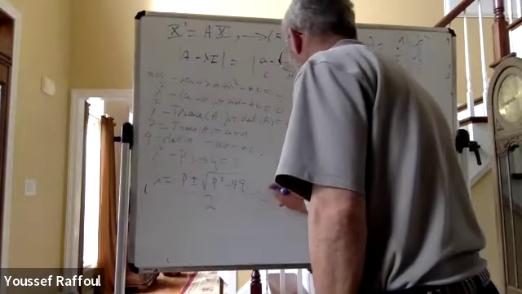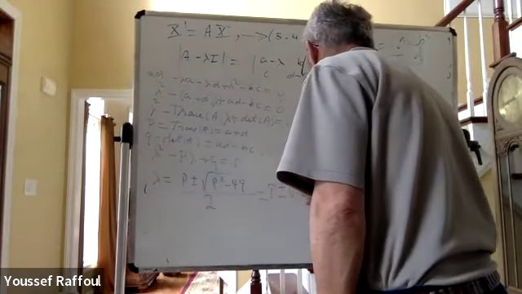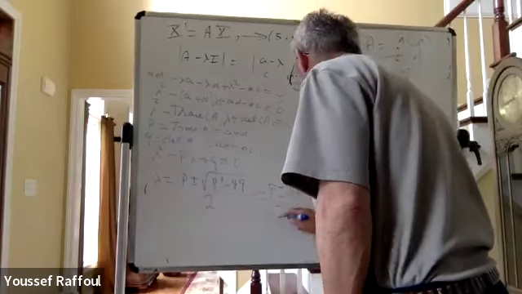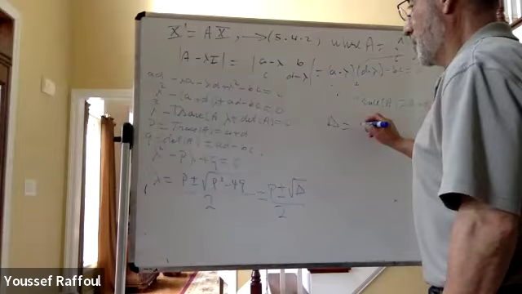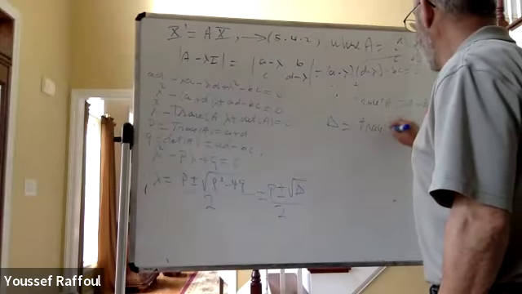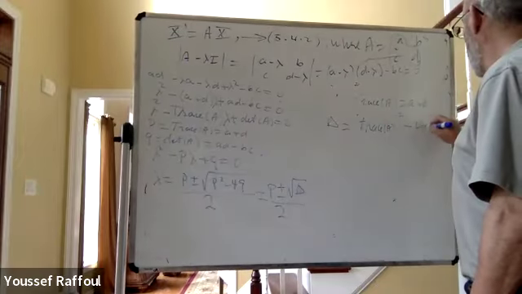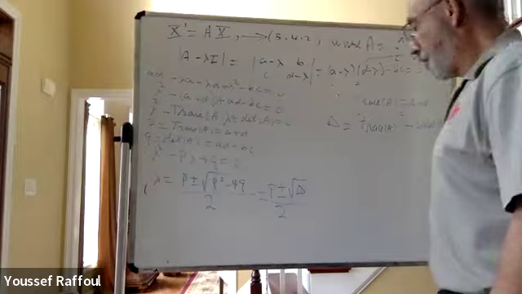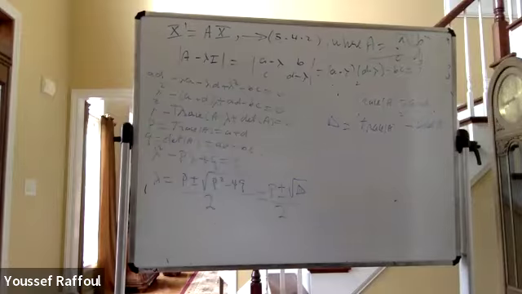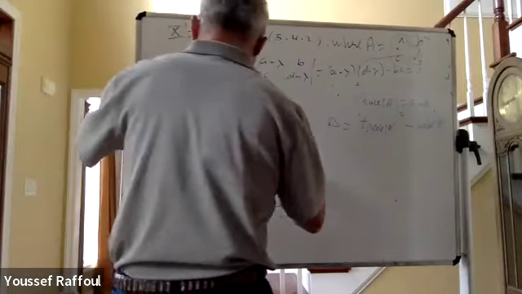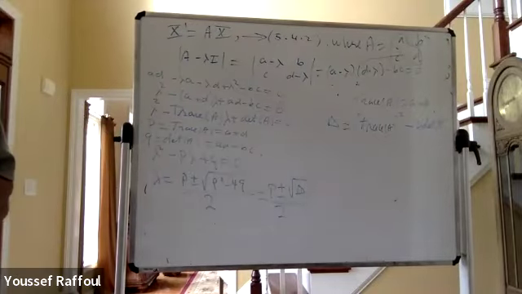So that is equal to p plus or minus the square root of delta over 2, where delta is trace of A squared minus 4 determinant of A. Okay? Any questions so far?